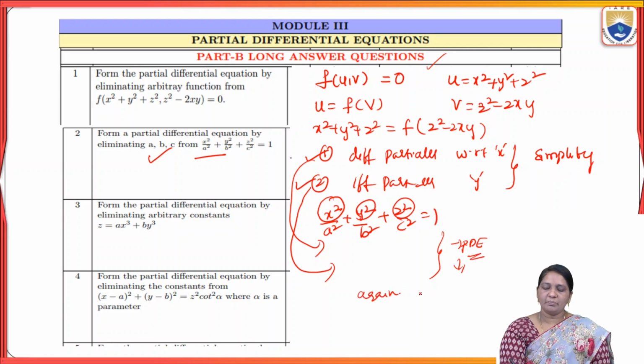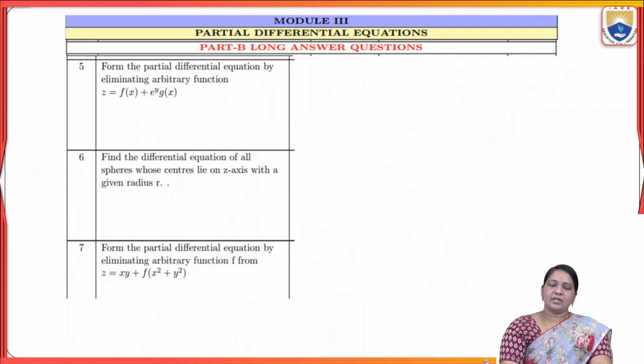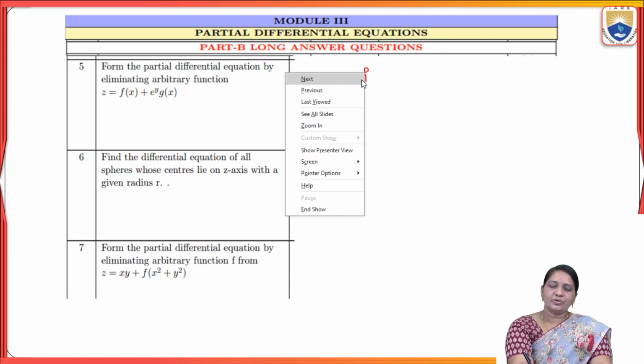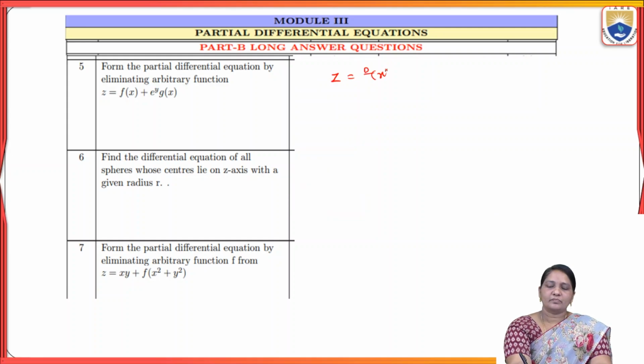Again we have to do the partial differentiation with respect to x and with respect to y. After then we can simplify those equations, any equation with respect to x equation also or with respect to y equation also. See this one, form a PDE for z equal to f of x plus e power y into g of x. First I am doing with respect to x partial differentiation.